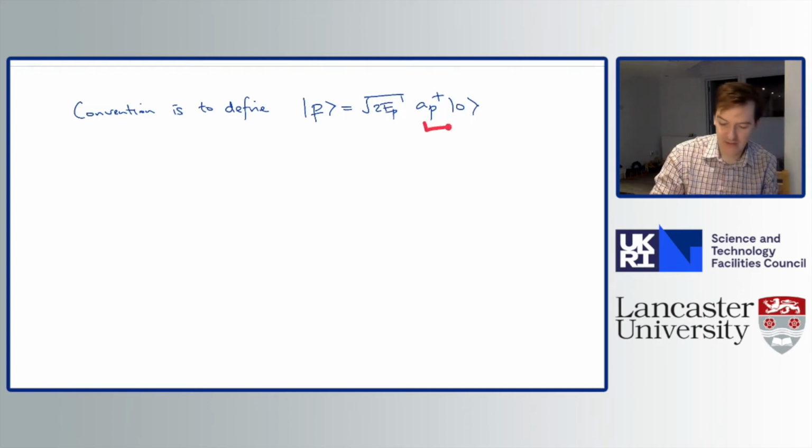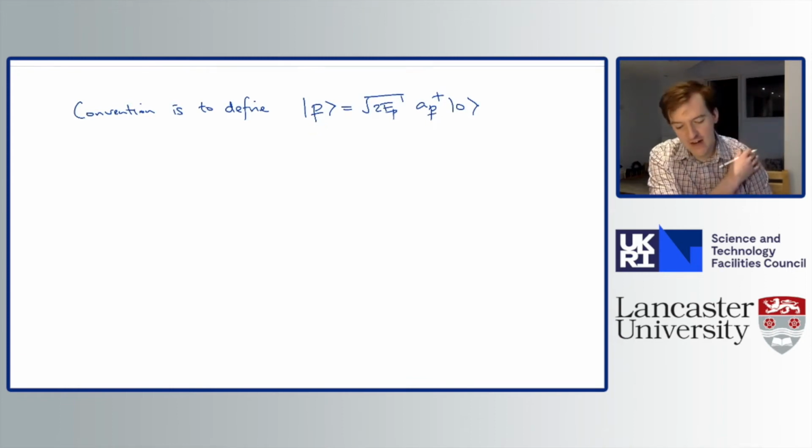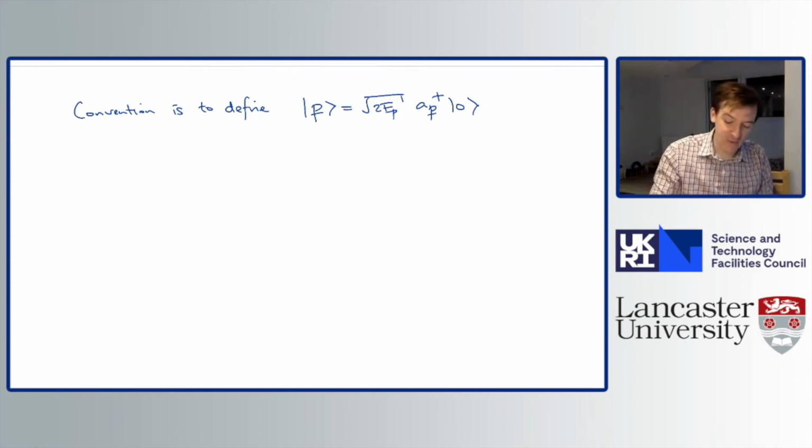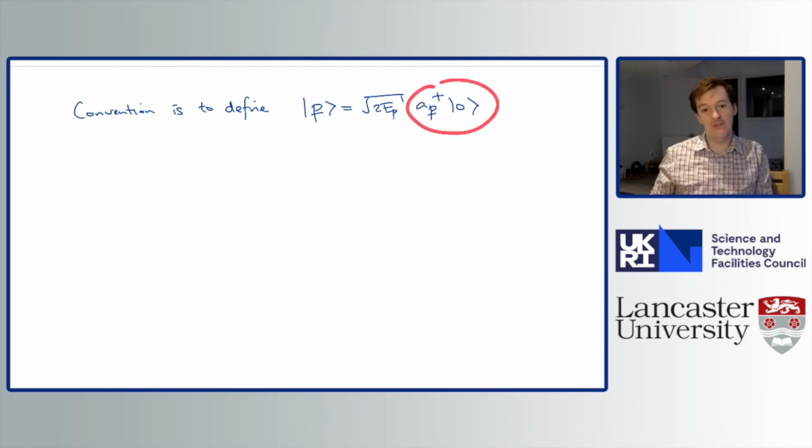Okay, so rather than just having a_p dagger |0>, we've shown that this state really is a momentum eigenstate, right? When we acted on this state, we returned the momentum eigenvalue, so it really is a momentum eigenstate.